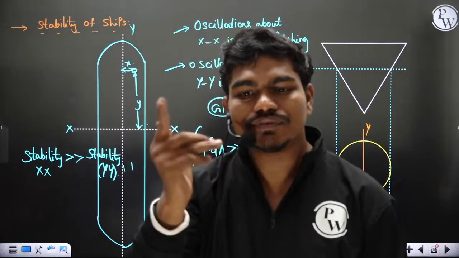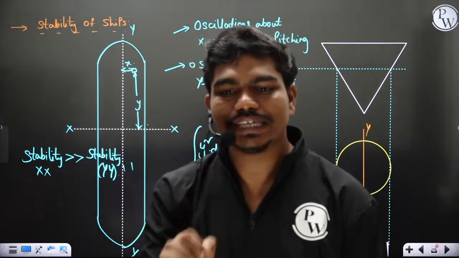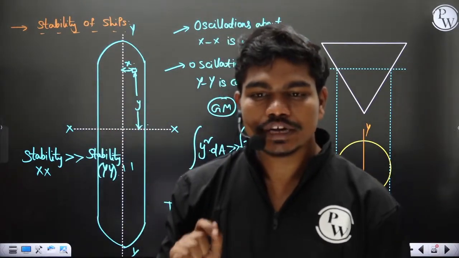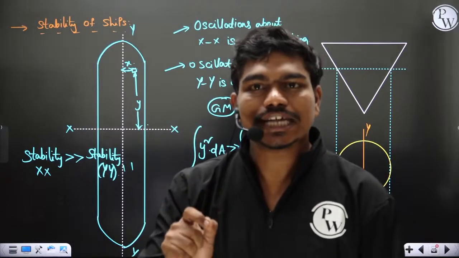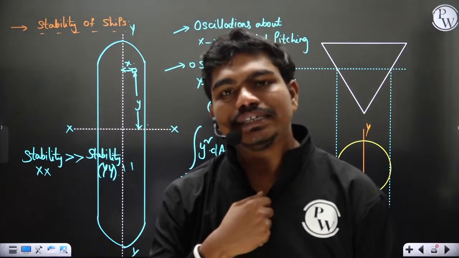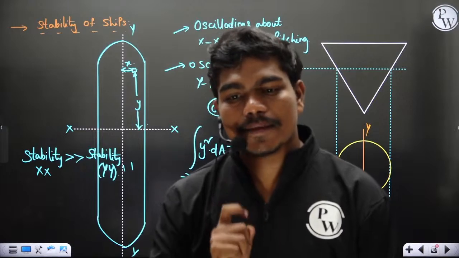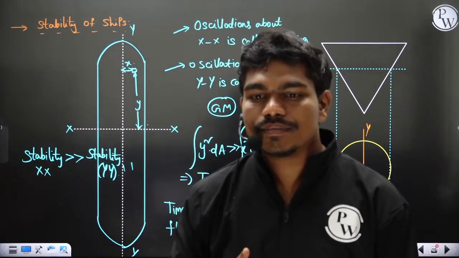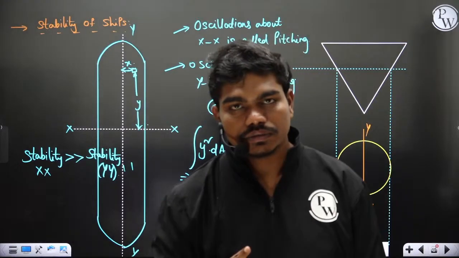The rotation speed is fast, so definitely the passengers inside will feel discomfort. Did you understand this logic? If the passengers have to feel comfortable, then the time period of oscillation should be high. Clear? Is this clear to all of you?